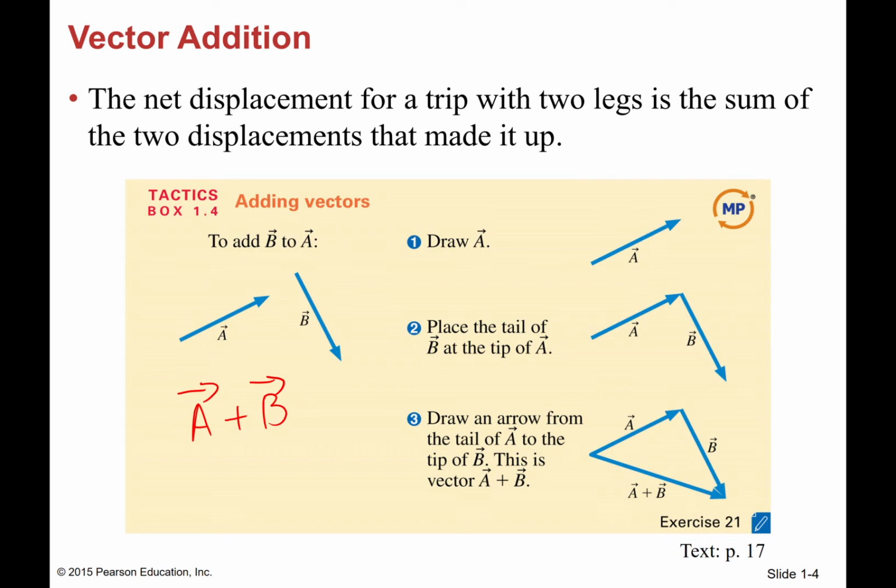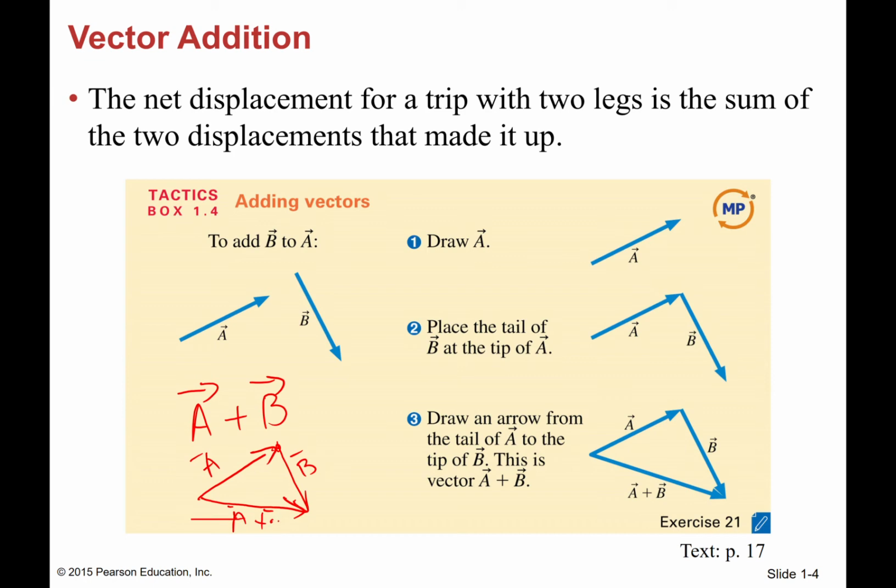Basically, we draw A, then we take B and we drag it such that the tail of B coincides with the tip of A, and then we draw B. Now the resultant vector would be something like this. This is your vector A plus B, and this is A, and this is B.